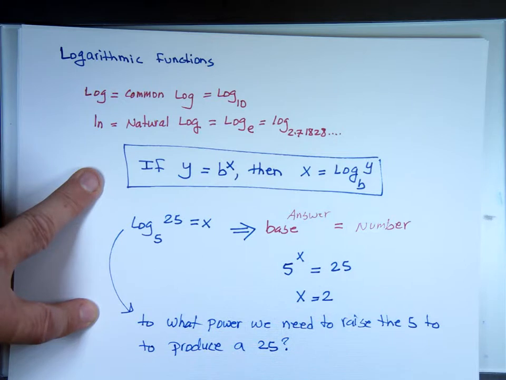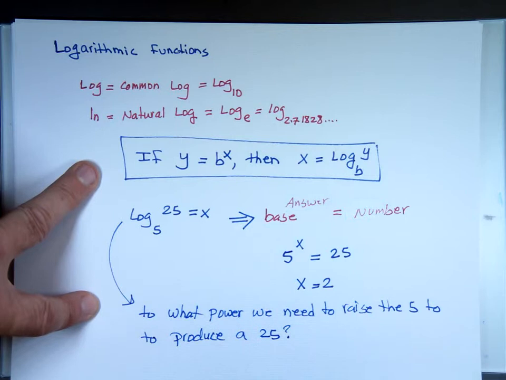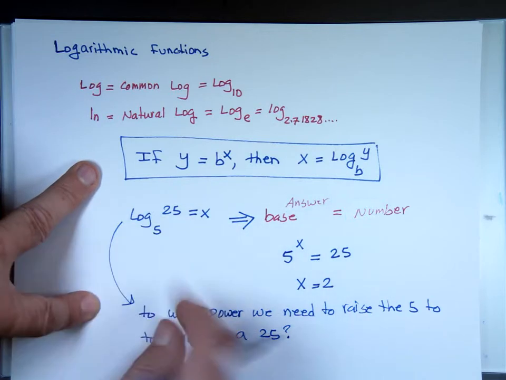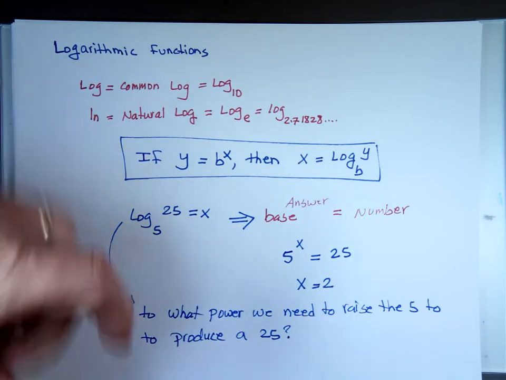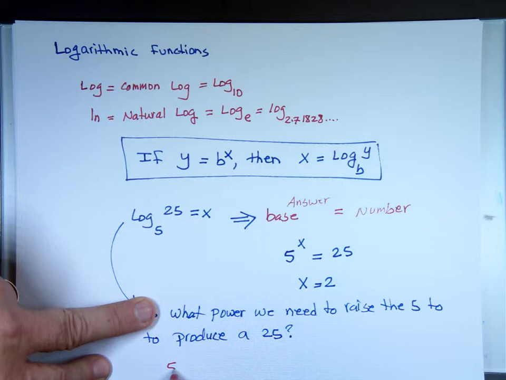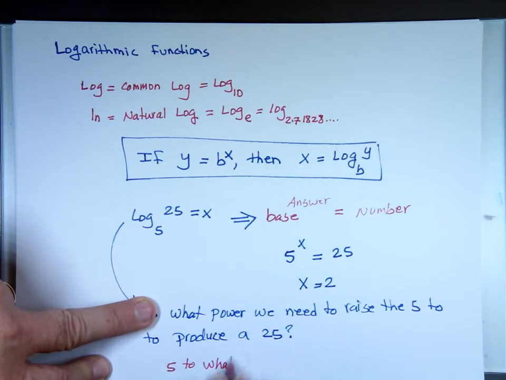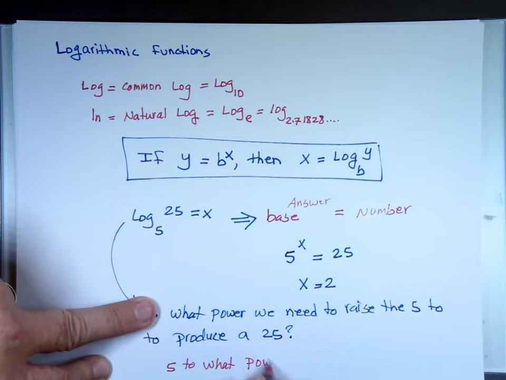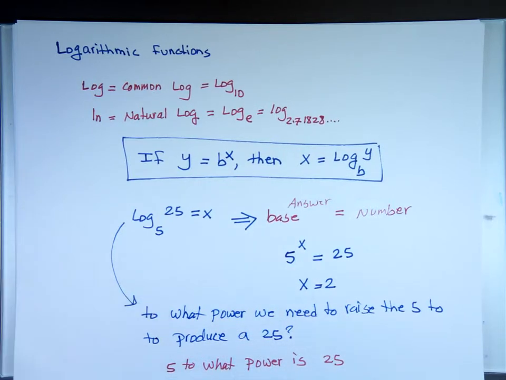Five to what power is 25? You understand that, right? Yeah, 2. That's what that notation means when you see it. Another way of saying it: 5 to what power is 25? That's what that means. And the answer is 2.